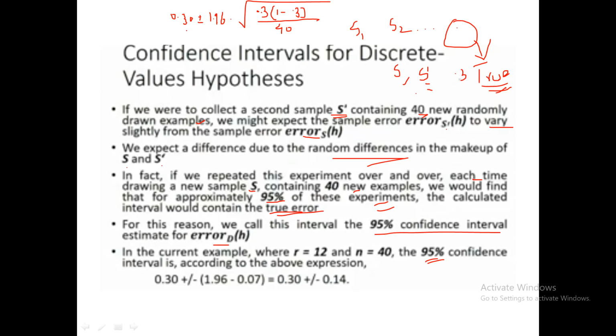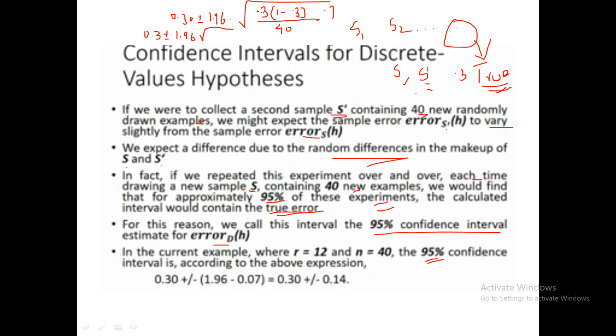Now when you calculate this, you will get 0.3 plus or minus 1.96. Later we will see why this 1.96. Square root of 0.3 into 1 minus 0.3. 1 minus 0.3 is 0.7.